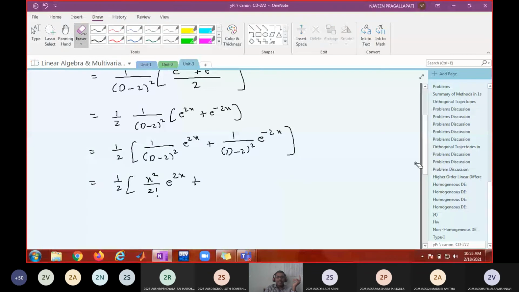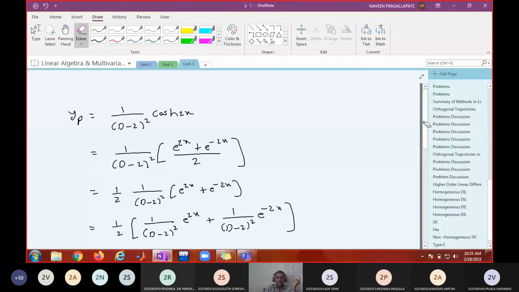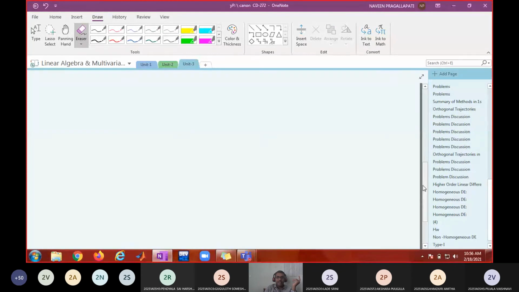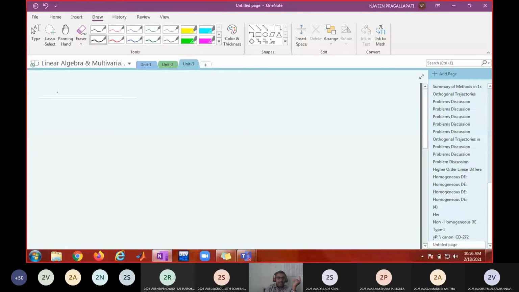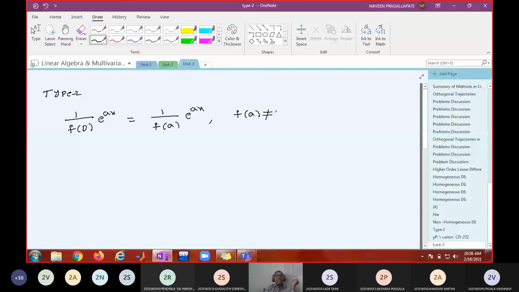Instead of doing that, there is one more method that I will tell you. Actually, I need to tell that formula first, and after that I will do this problem. I will add one more page and write the result, and then use that formula to solve the present problem. 1 by f of d of e power ax equals 1 by f of a e power ax, provided f of a is not equal to 0. f of d can be any function of d.